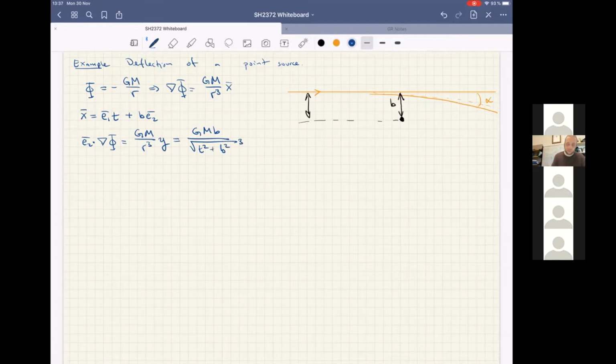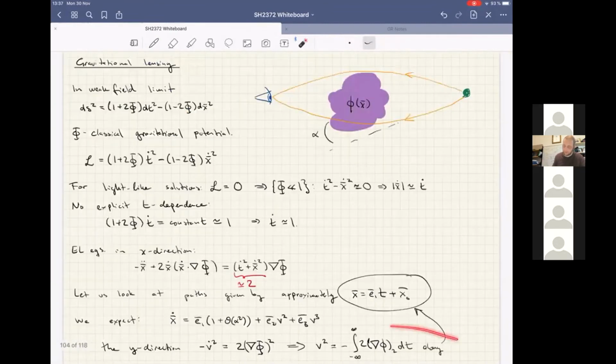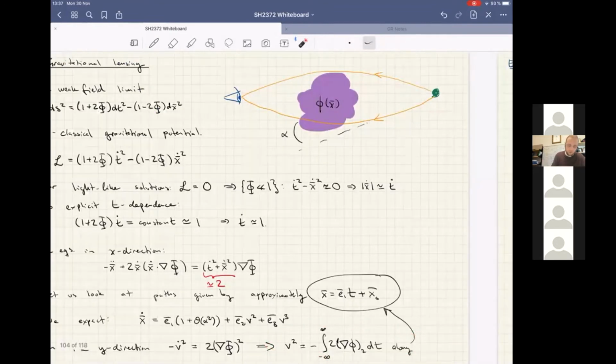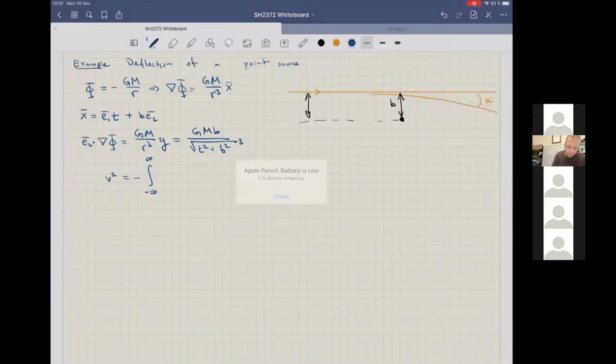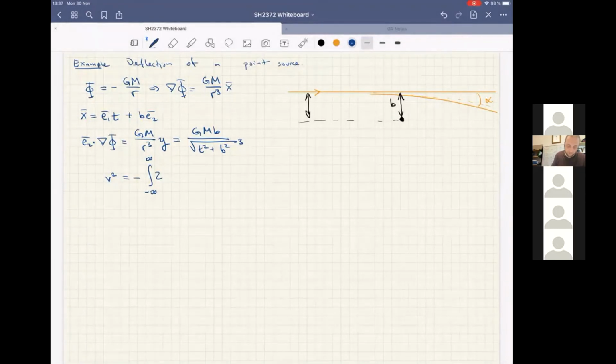So this means that if I look back now on this deflection formula, what I find is that v2, the component of the light's velocity in the y direction, is going to be minus the integral from minus infinity to infinity of 2 times this component of the gradient, so GM b divided by the square root of t squared plus b squared to the power of 3 dt. And if you actually perform this integral, we find that this is 4GM divided by b.